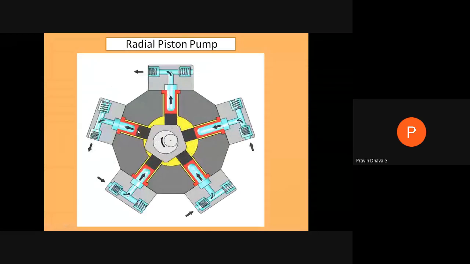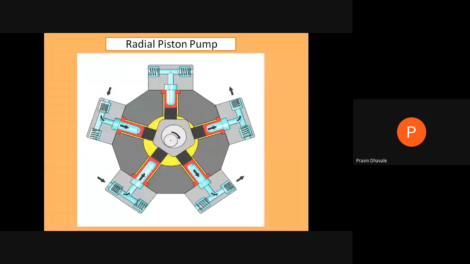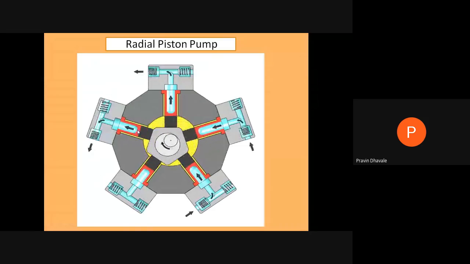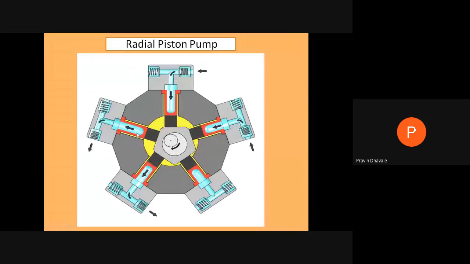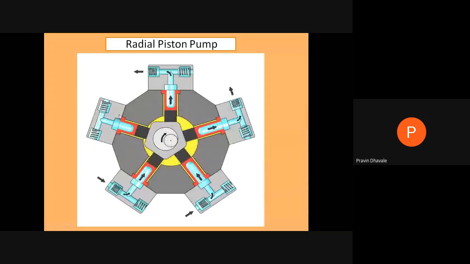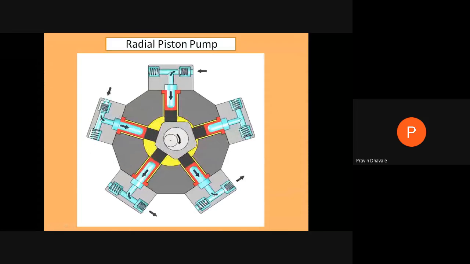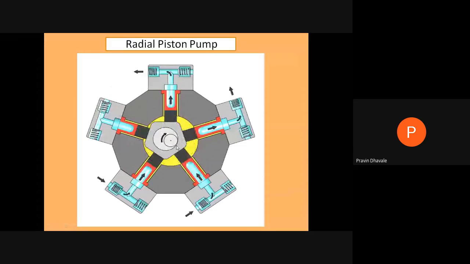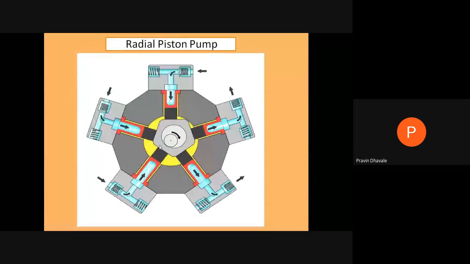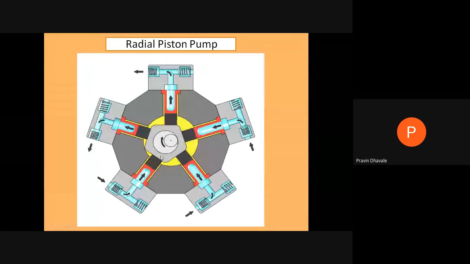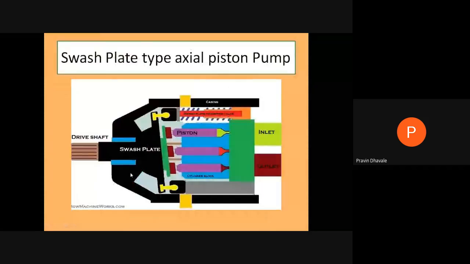Means in the case of a radial piston type pump, when the piston is moving toward the center, suction takes place in each cylinder. Due to the rotation of the shaft or the rotor, at a certain time this piston will be moved forward.